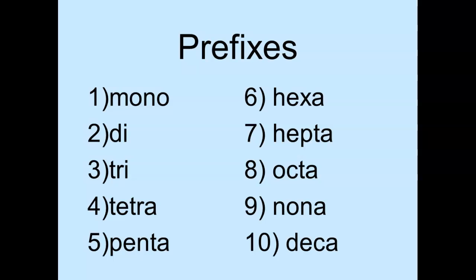Okay, so hopefully you did that. Most people know lots of these from geometry, other math when they did polyhedrons. I want to point out some differences. These are Greek, and most of math is Roman, and there are some differences. Like number 4, it's quad when we're doing math because that's Roman, but it's Greek, tetra, for 4.